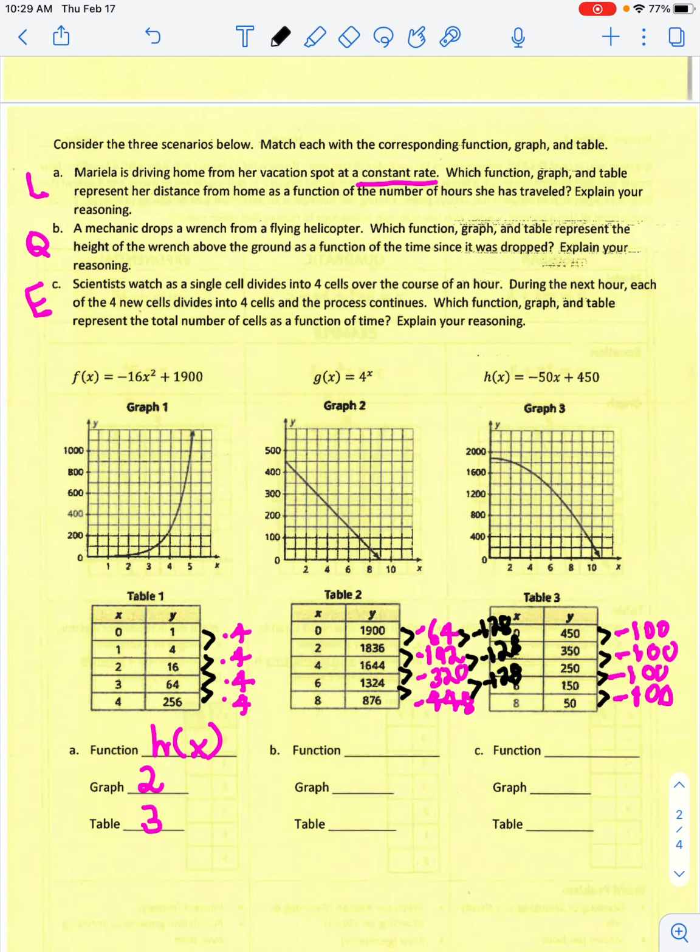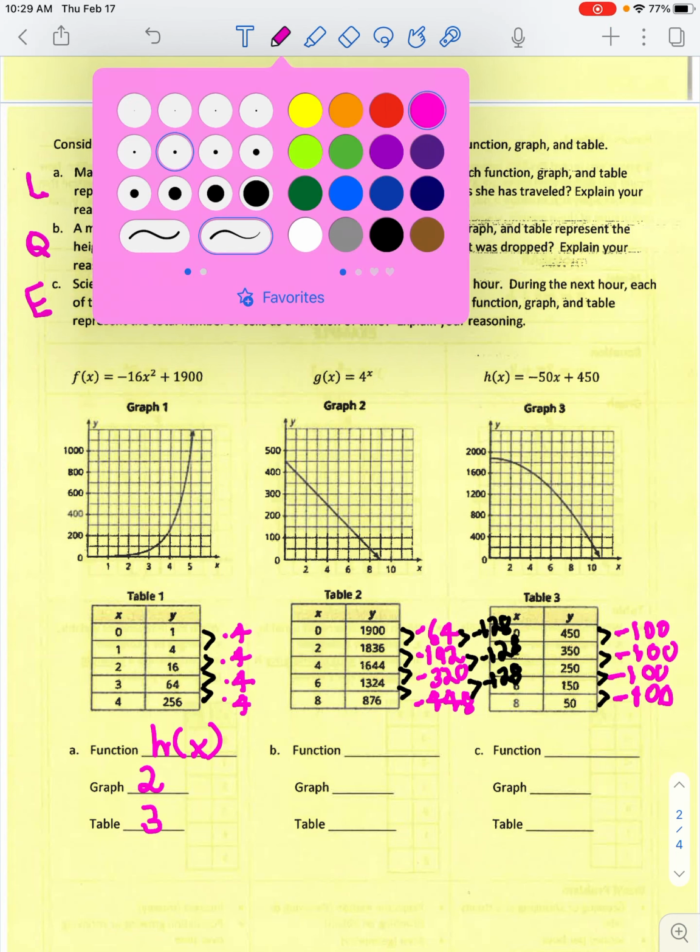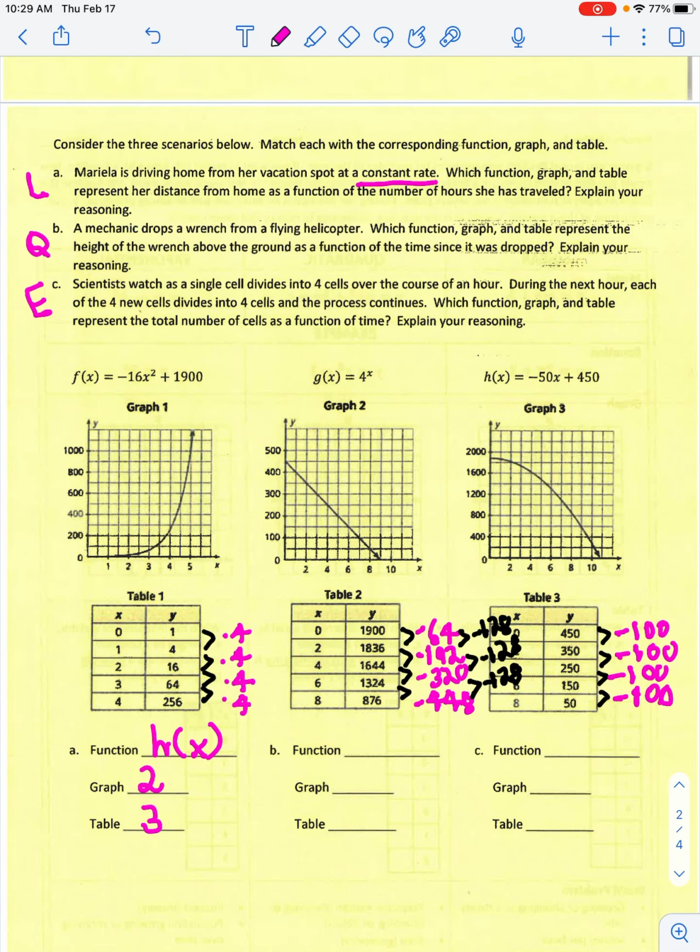All right, so let's do the others. For B, that was the model I thought was quadratic. As far as the function, f of x is a quadratic model because of the x squared. It can be written in the form ax squared plus bx plus c.